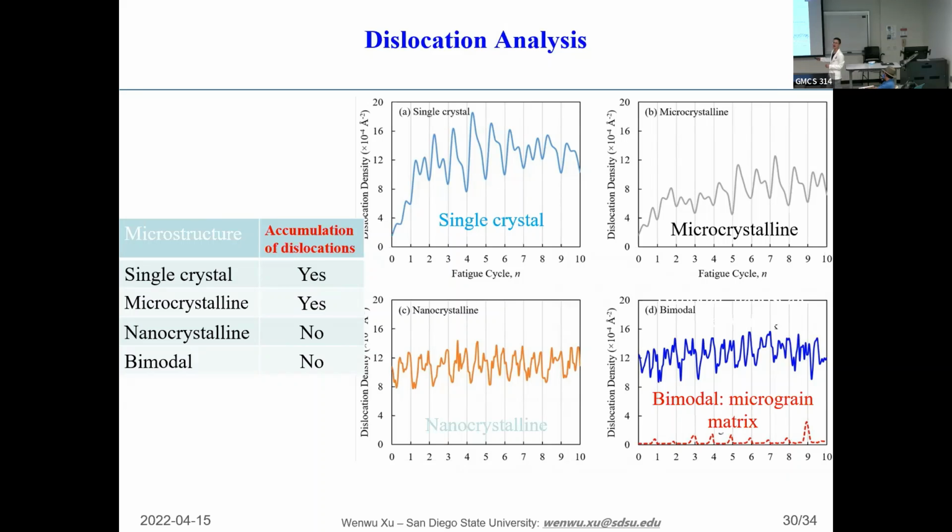By the way, I call this a bimodal model simply because we have a nanocrystalline and a microcrystalline component. In the nanocrystalline component of this bimodal, it behaves similarly to a pure nanocrystalline. But what is more interesting is that in the micrograin matrix, we do not really see much accumulation of dislocations, exactly like what we just saw in the dislocation animation, right?